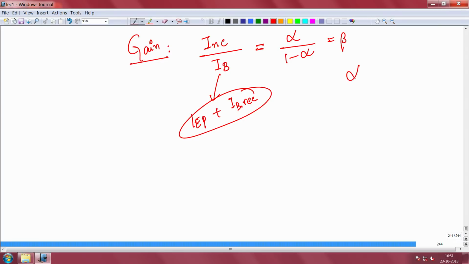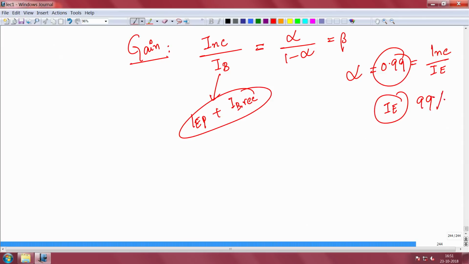So, for example, if the current transfer ratio is 0.99, that is the current transfer ratio which is defined as the total collector current by the total emitter current. If this ratio is 0.99, it means that out of the total emitter current, both electrons and holes combined, 99% has reached the collector.